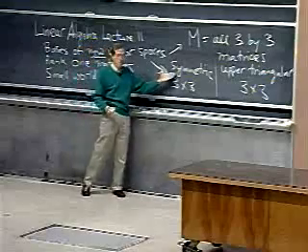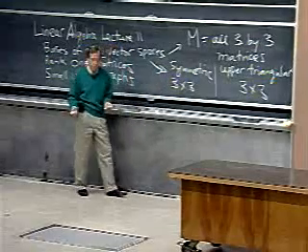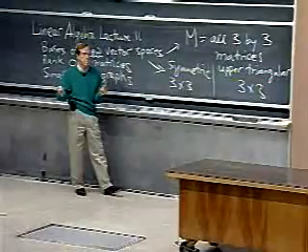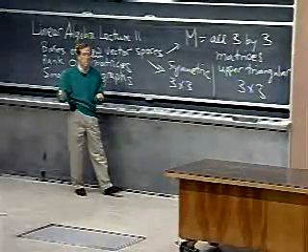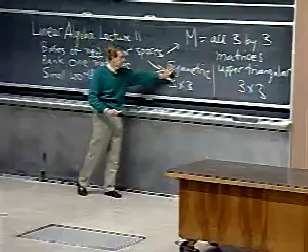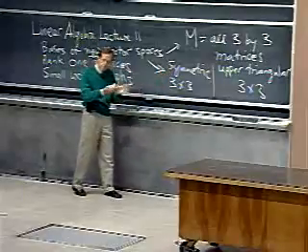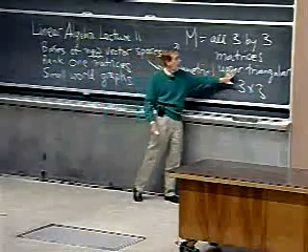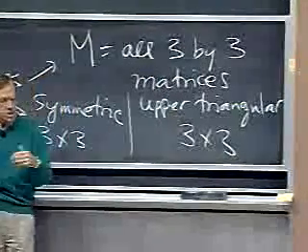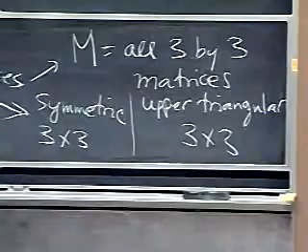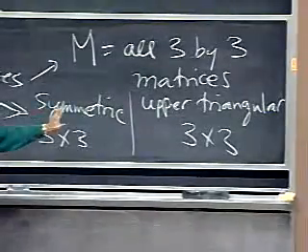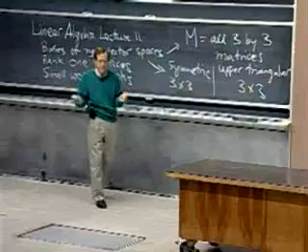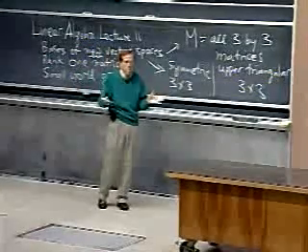If I add 2 symmetric matrices, I'm still symmetric. If I multiply 2 symmetric matrices, is the product automatically symmetric? No. But I'm not multiplying matrices. I'm just adding, so I'm fine. This is a subspace. Similarly, if I add 2 upper triangular matrices, I'm still upper triangular. And that's a subspace.